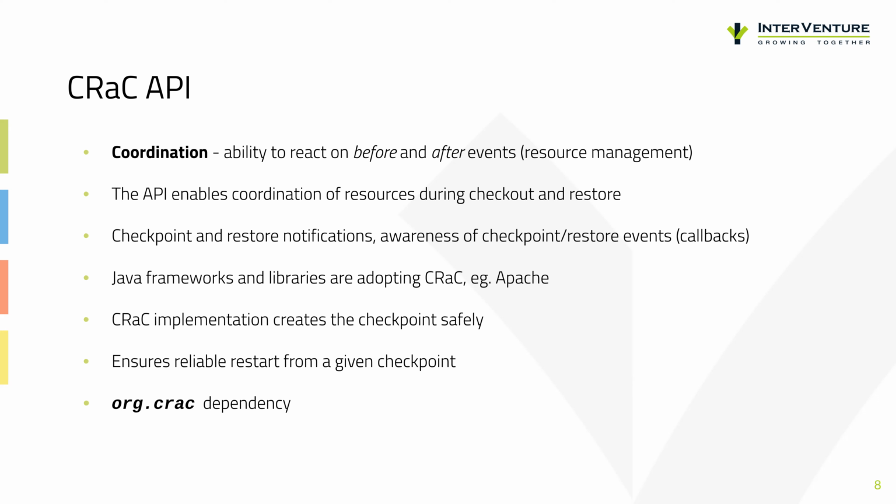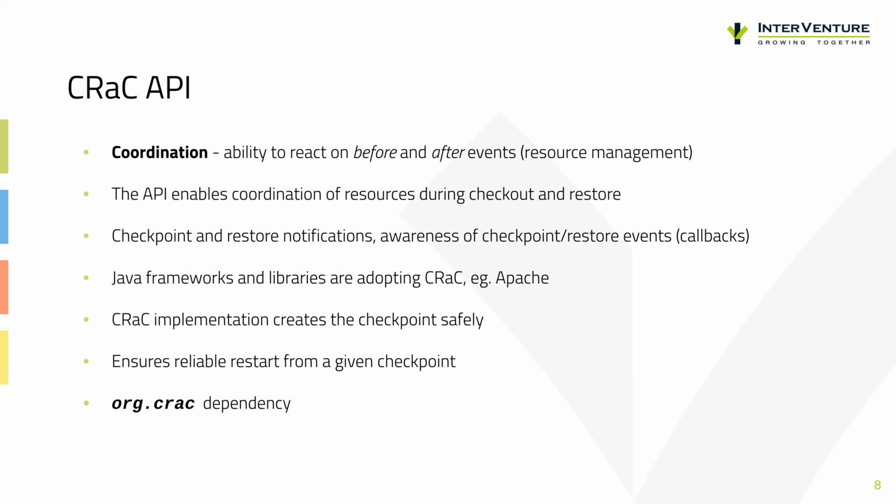So the coordination enables the application's code to adapt to being checkpointed, and to adapt to changes after it's restored, because this is necessary to have a safe checkpoint, so it can be safely isolated from the environment it's running in, and also safely restored, because many things can change in the environment, or we can restore the app even on another server, for example.